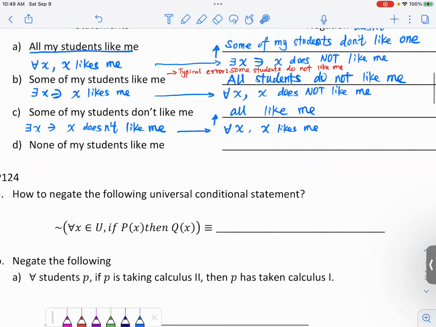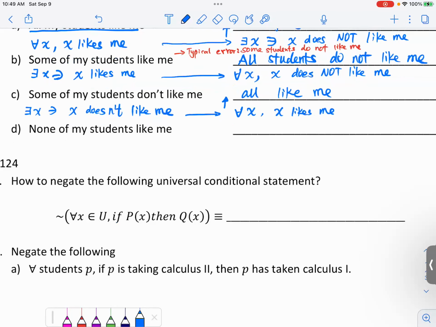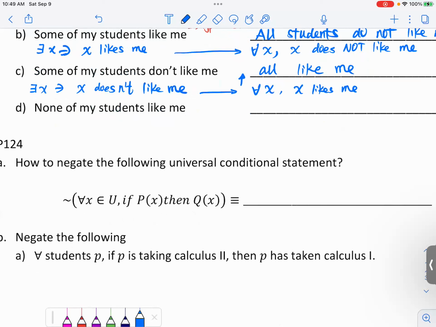But the last one: none of my students like me. Again, definitely pause the video and give it a try first. This is a universal statement. None of my students like me means they all dislike me, so they all do not like me. That's equivalent.